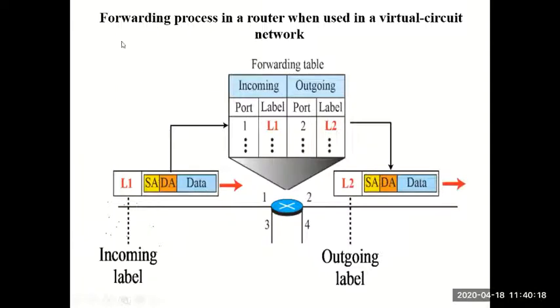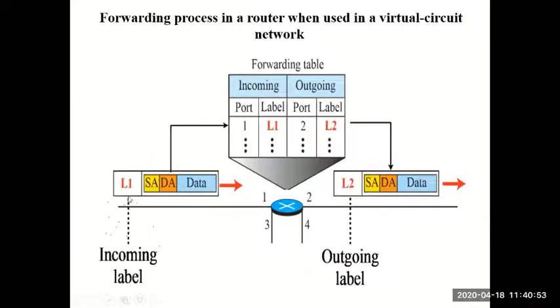You see here how forwarding happens in a virtual circuit network. There is a router with 4 ports or interfaces, 1, 2, 3, 4, the same example we had taken before. You can see this is a packet, and in this packet there are the source address, destination IP address and the data. To this they will add a label, which is a simple number, and it is called a label. Flow label they call it often.